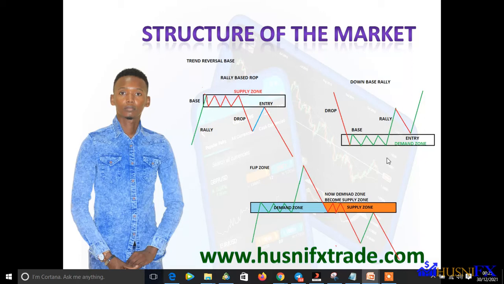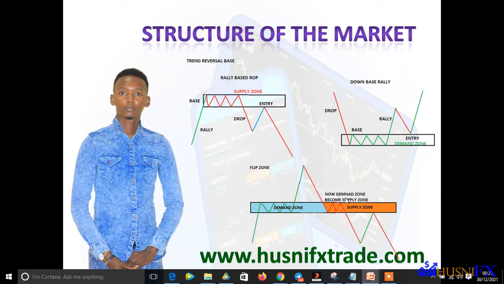That is the DBR, and this is the flip, which you may find confusing when the market structure is forming, and sometimes this will cause very bad actions. It starts as demand, the market goes up and then flips and makes a supply zone, breaks through demand, and then breaks down.